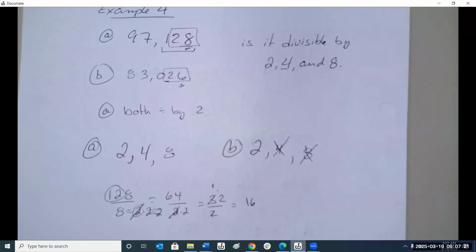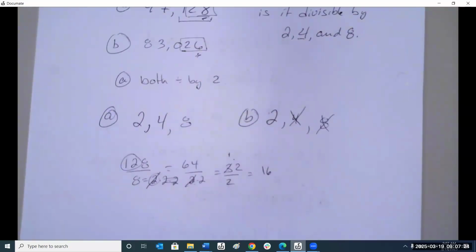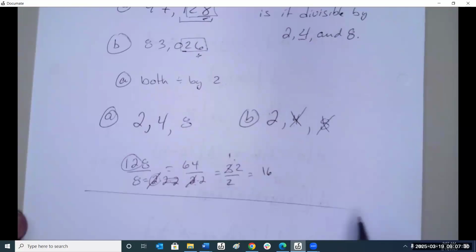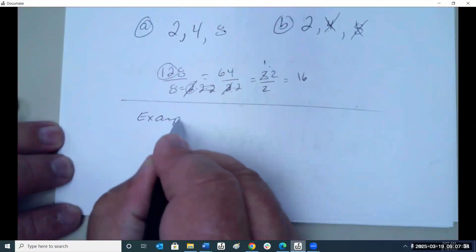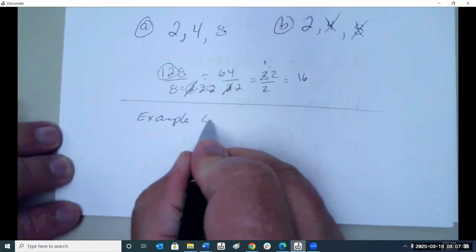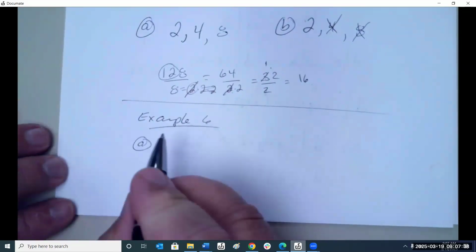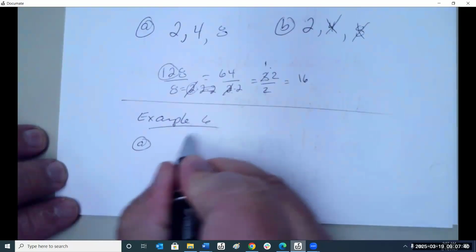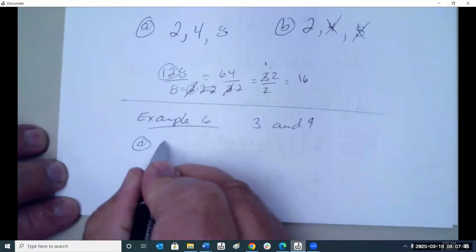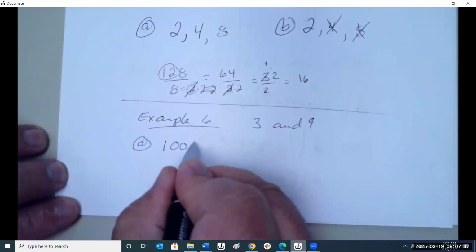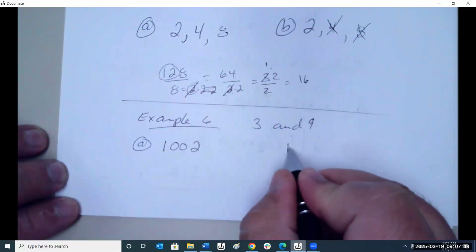Because if it's divisible by 8, it's got to be divisible by all the combinations of what 8 equals. Are these numbers divisible by 3 and 9?